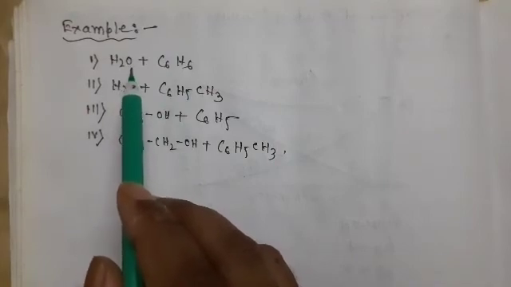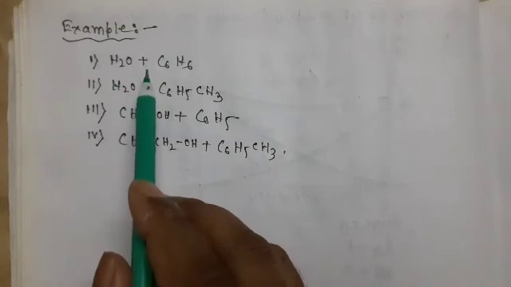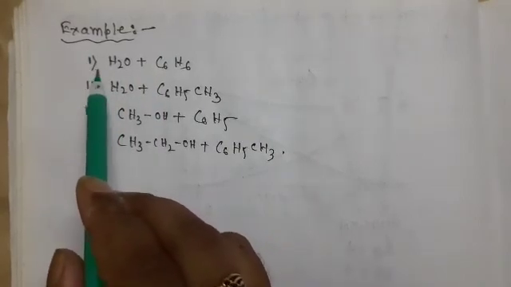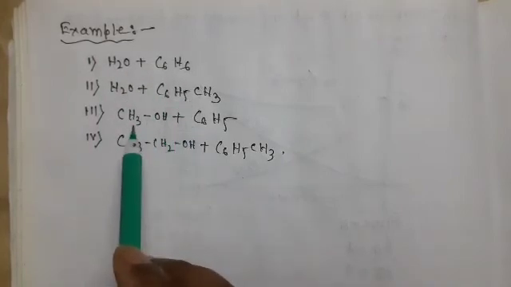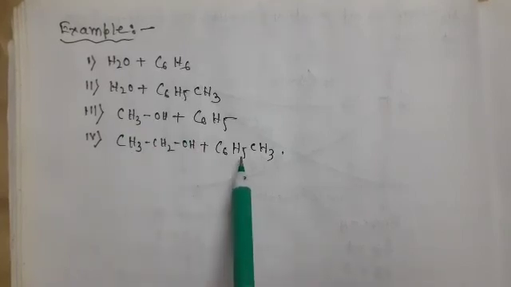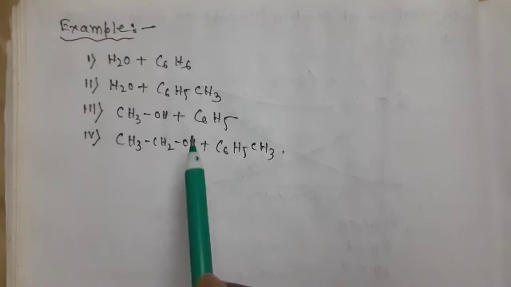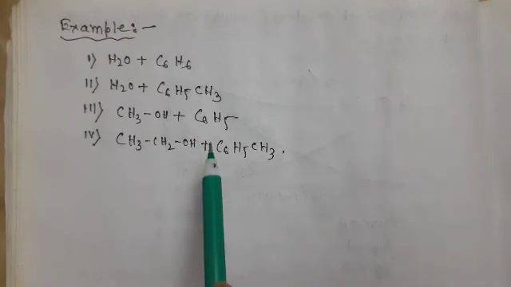That is why the attraction between the molecules decreases, and that is why it shows positive deviation from Raoult's law. So the first example is water and benzene, and water and toluene. Also methanol and benzene, and ethanol and toluene. These are examples of non-ideal solutions showing positive deviation from Raoult's law. Thank you. Goodbye.